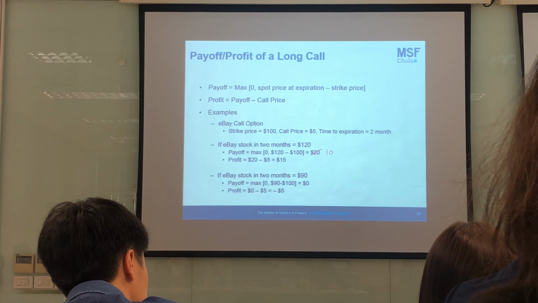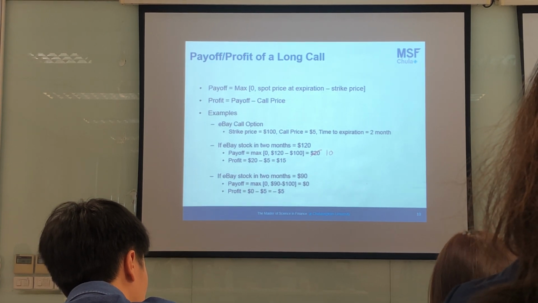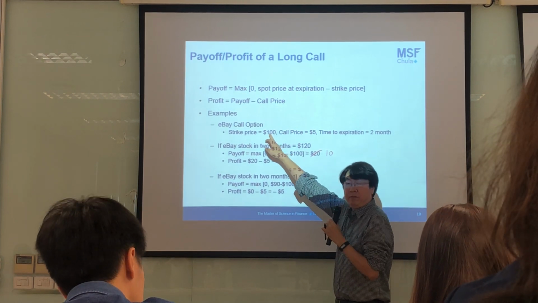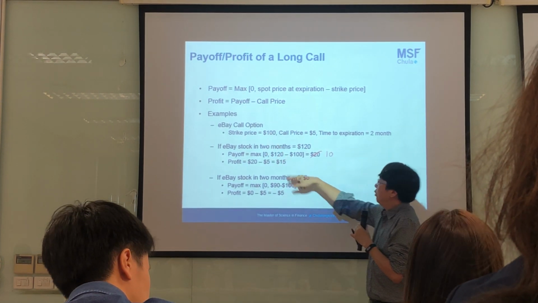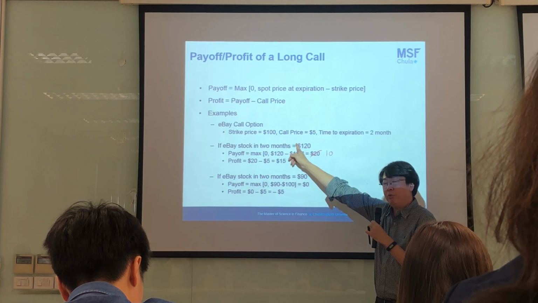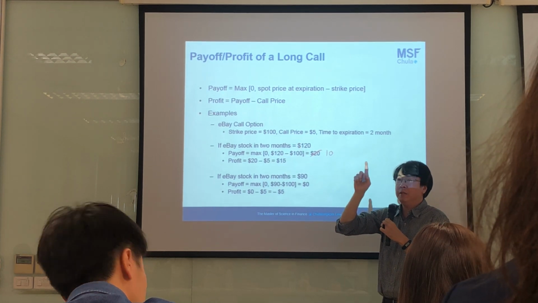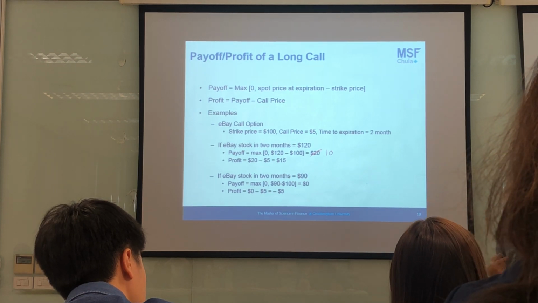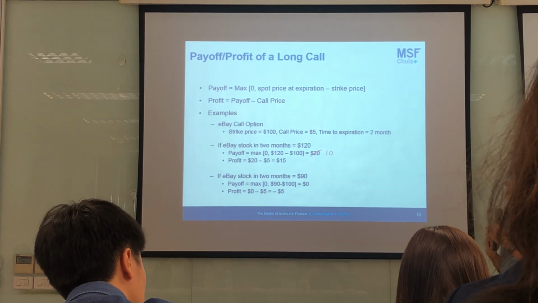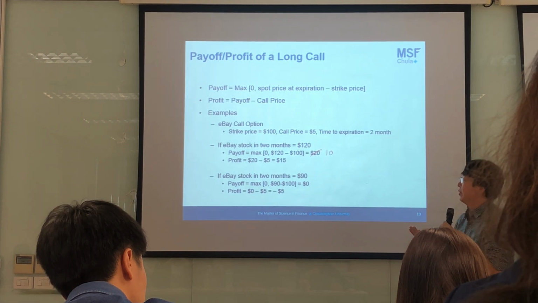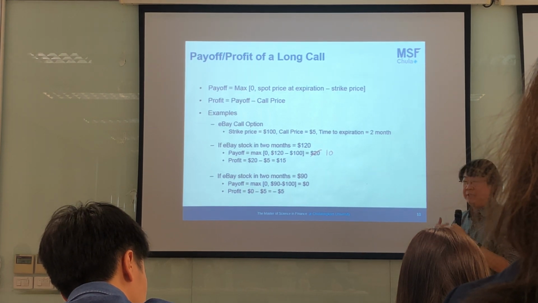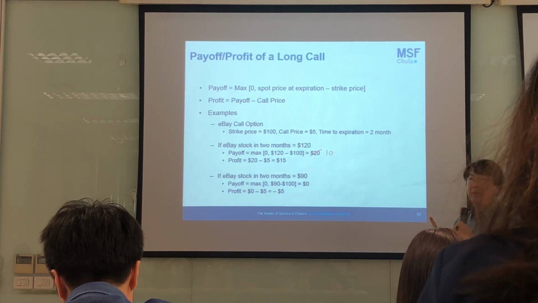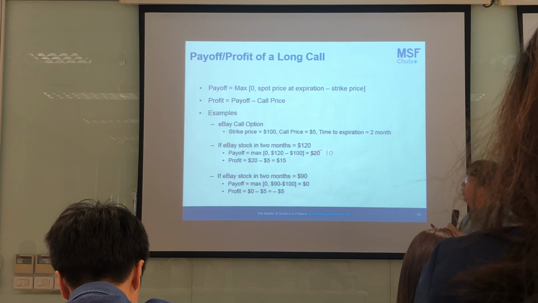You pay 10 and then exercise to buy the stock at 100, and then you can sell the stock at 120. You get $10 for sure if there is no default between the option writer and the option holder, right? So you can buy as many as you can because you get $10 per share, per call.